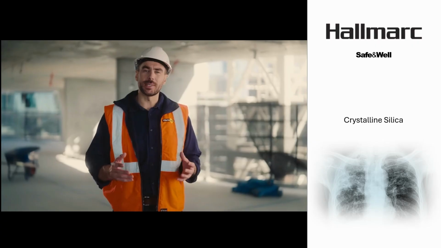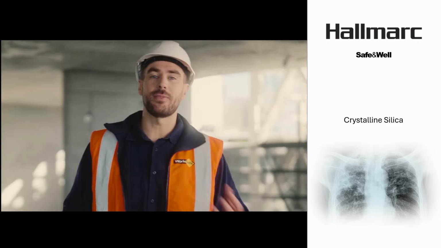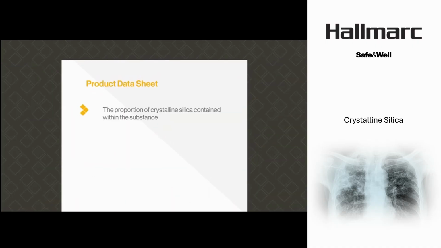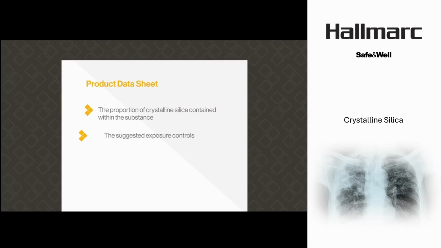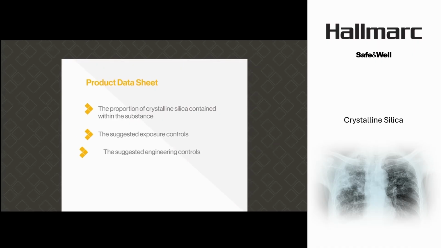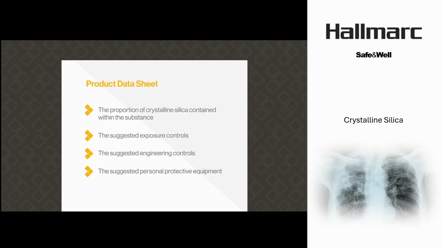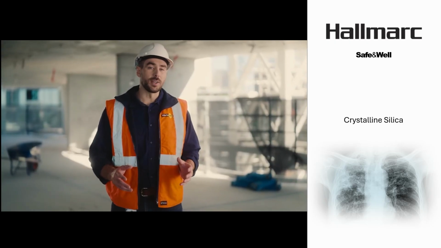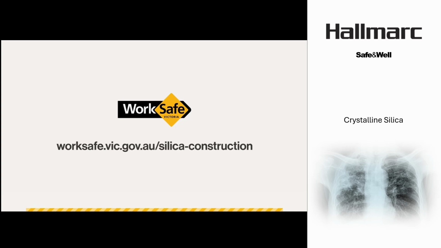Or, if you work with a crystalline silica substance, you can review a product data sheet from the manufacturer or supplier and find information including the proportion of crystalline silica contained within the substance, the suggested exposure controls, the suggested engineering controls, and the suggested personal protective equipment. For further information or guidance on hazard identification, you can visit the WorkSafe website.